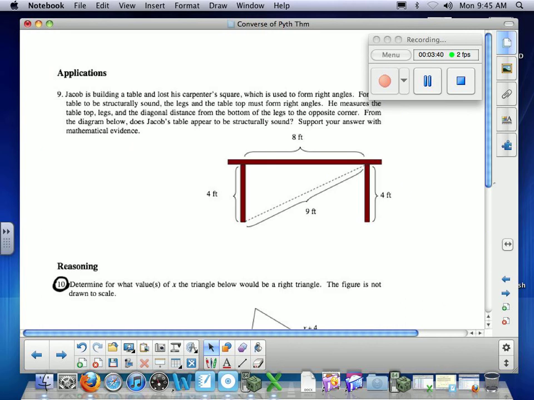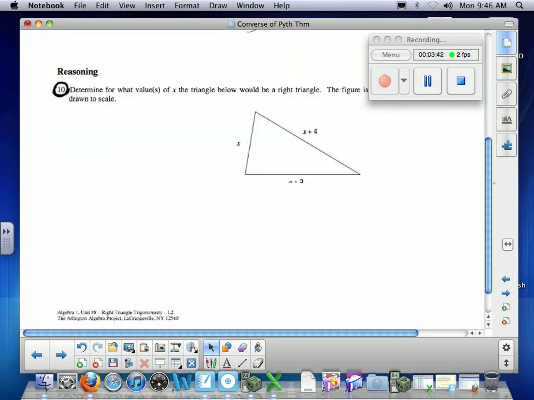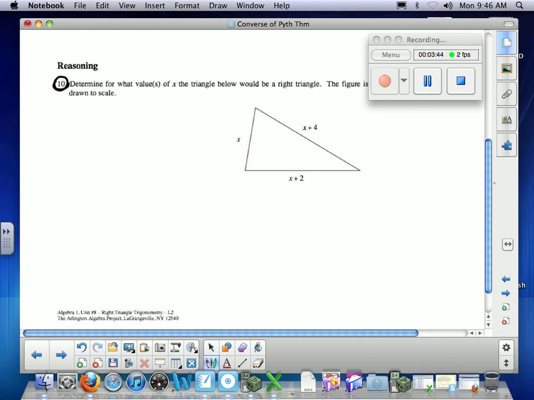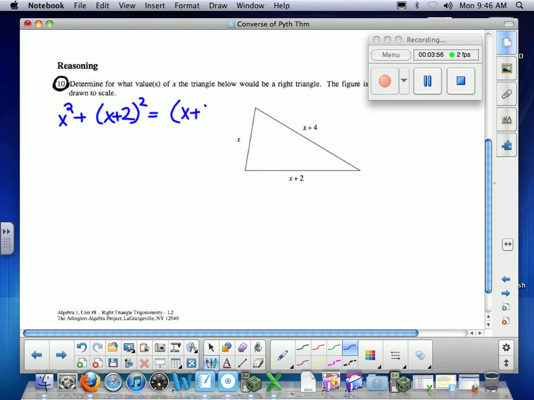Question number 10. I'm not surprised that you have a little bit of questions here. We're supposed to use Pythagorean theorem and determine the side lengths. Yes, we're going to have to do the double distributive property, both on the x plus 2 and the x plus 4 thing.